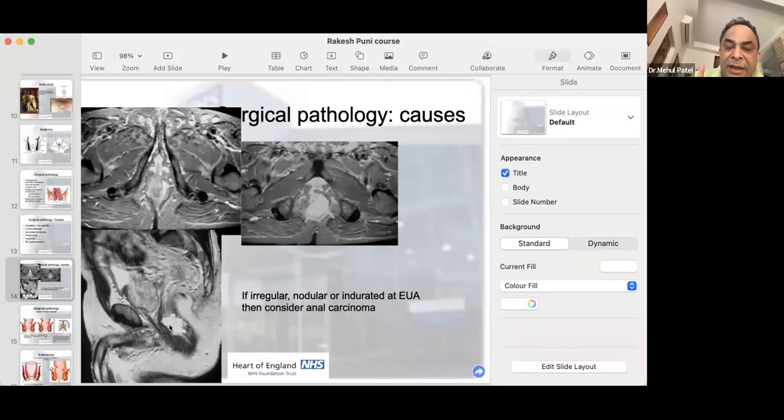About 5% of anorectal cancers will present as a fistula. So if you have nodularity or irregularity, always suspect a cancer. When you do an EUA or even a PR examination, you will identify the cancer anyway, but on imaging it is important to identify that.